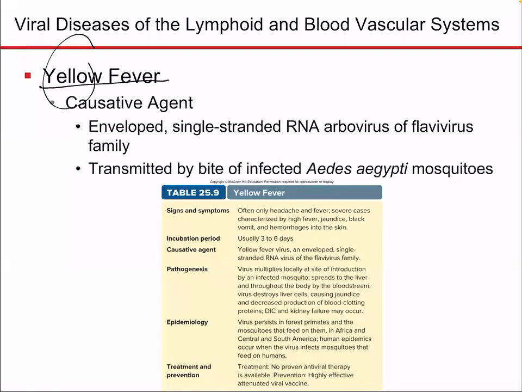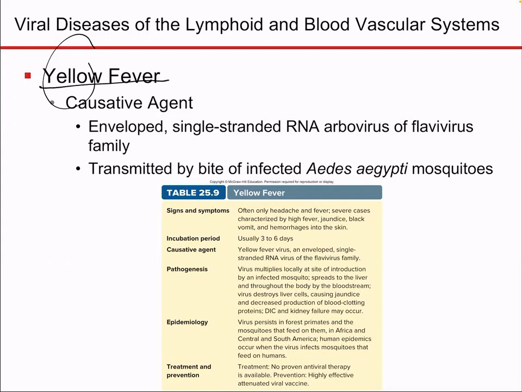So after transmission from a mosquito, the virus replicates in the lymph nodes and then infects dendritic cells. Dendritic cells are a very important cell that this virus infects. And from there, they reach the liver to infect hepatocytes, which leads to the release of cytokines. And then death may occur as a result of a cytokine storm that leads to shock and to multiple organ failure.